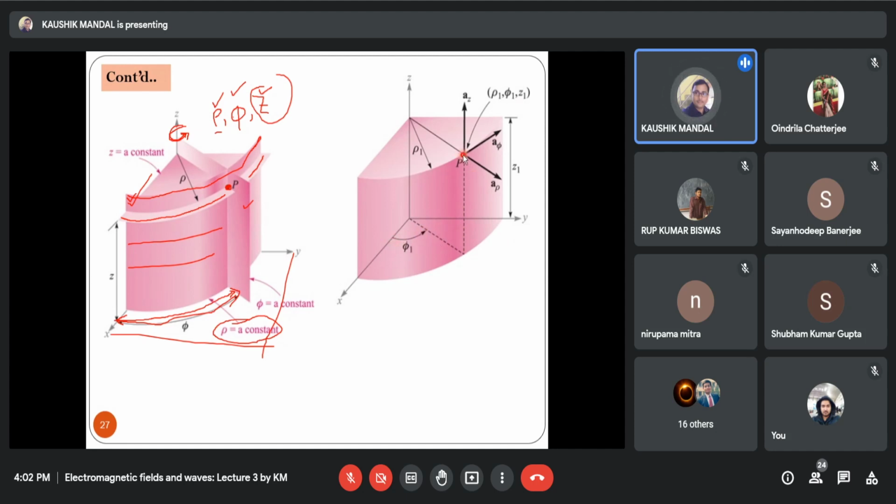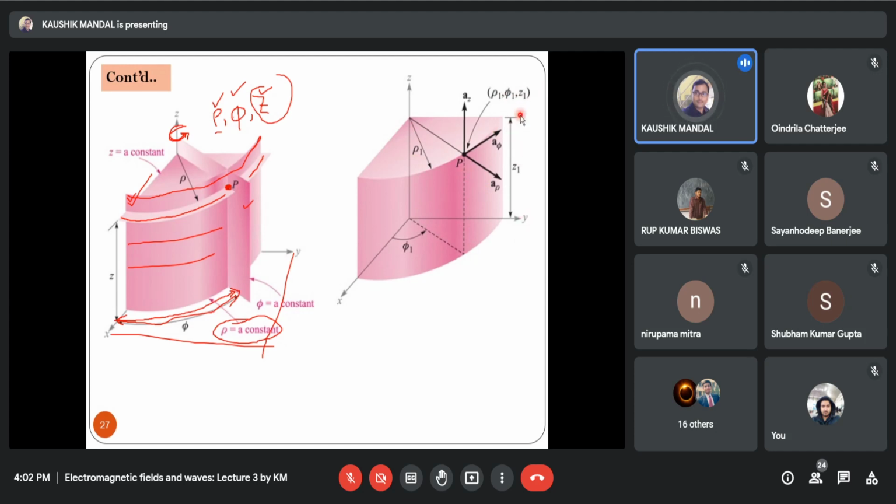So the point P can be represented by rho 1 because rho 1 is the radius, phi 1 is the angle of this particular perpendicular plane, and Z1 is the height of the cylinder.